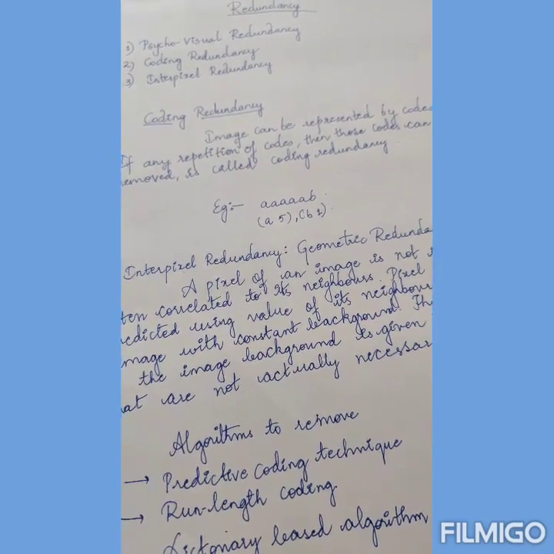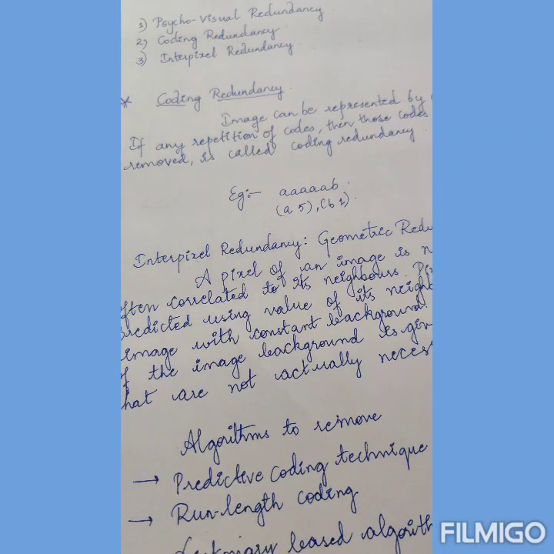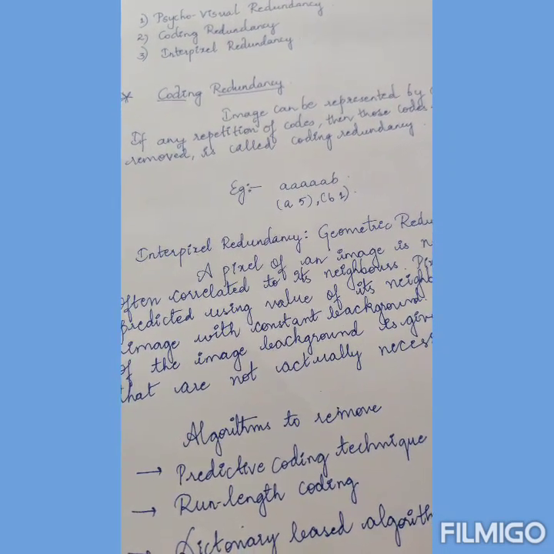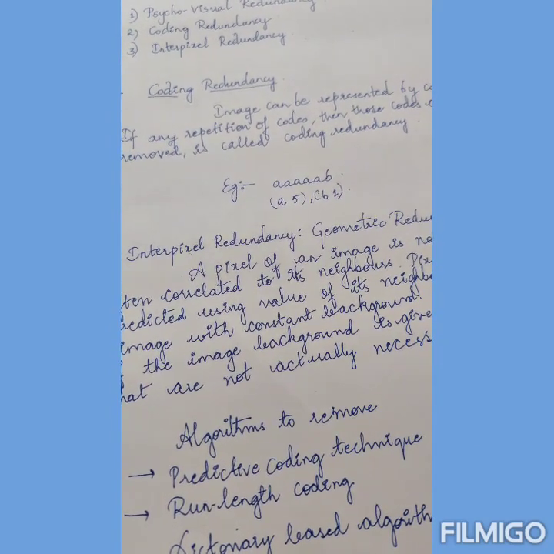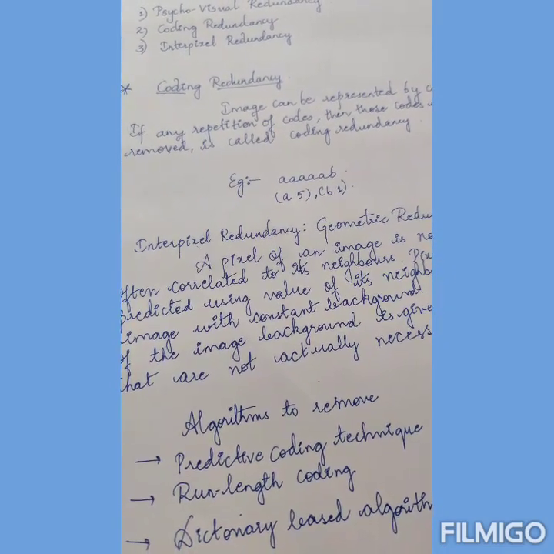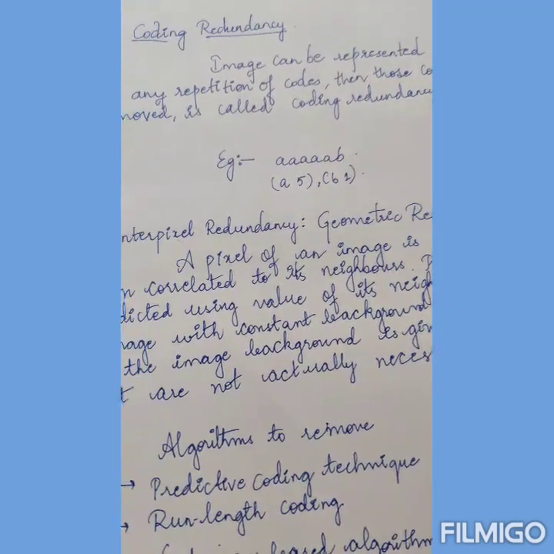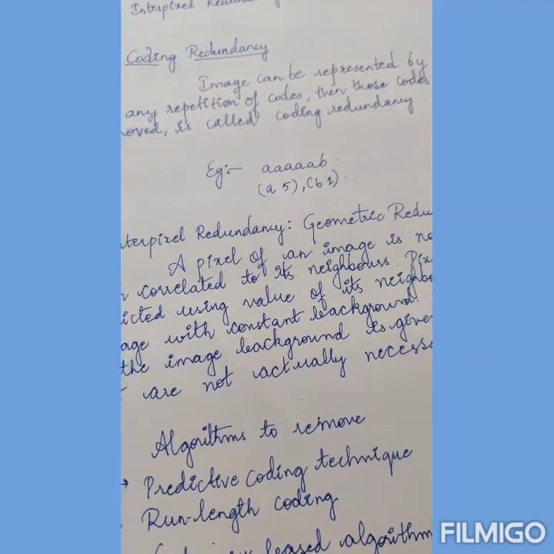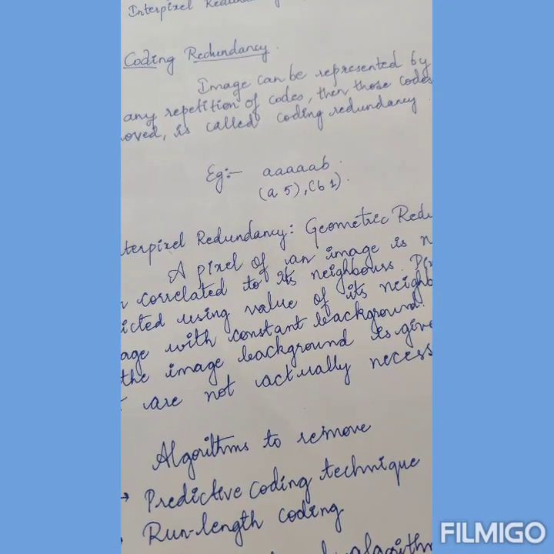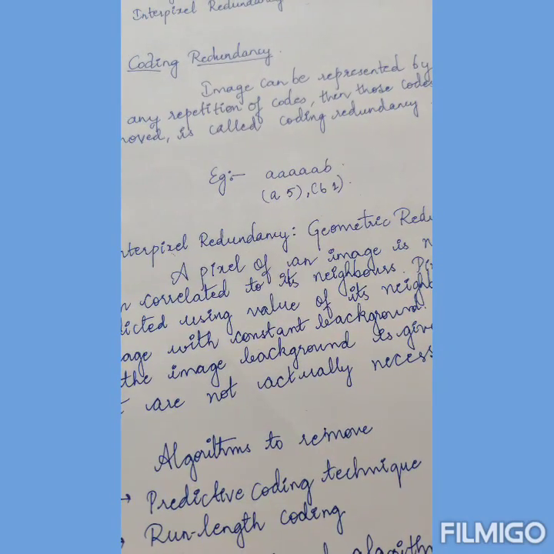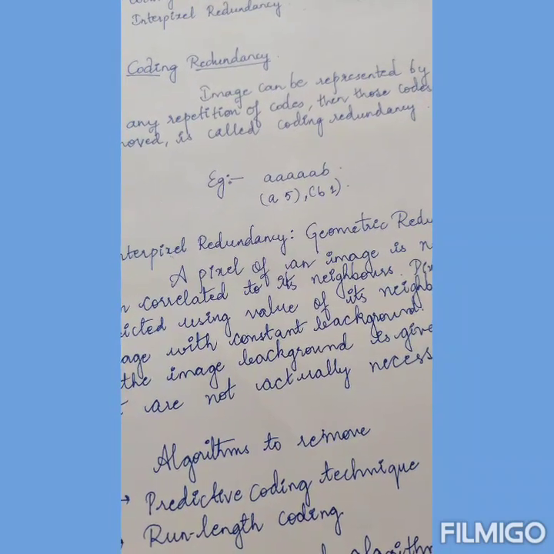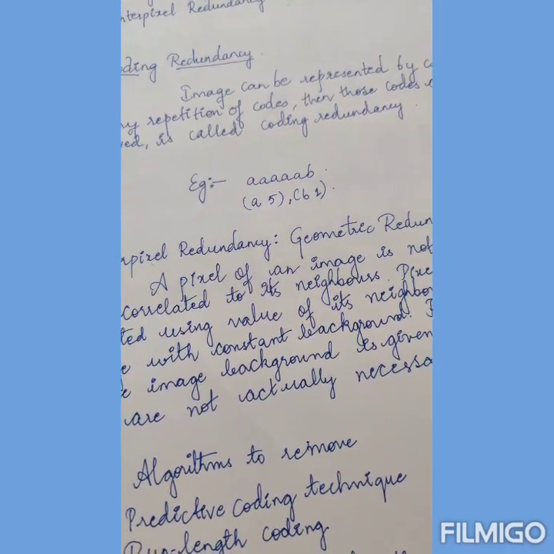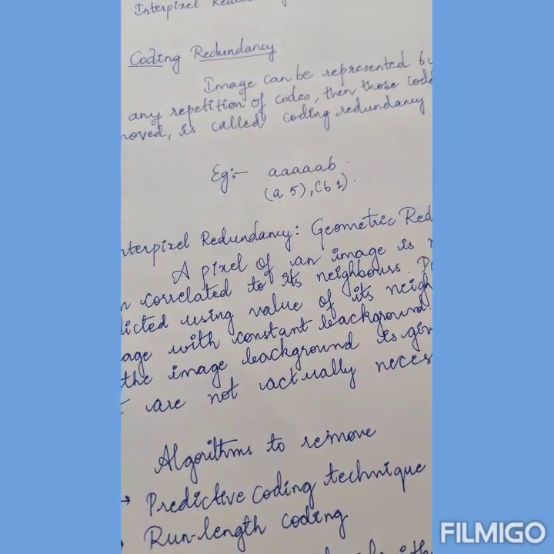If any image is represented by some codes, and it can be any code, for example 1 0, in my example here it is represented by 5 A's and 1 B. If in that code there is repetition, the same code is repeated, we try to remove that repetition, so that we achieve coding redundancy.